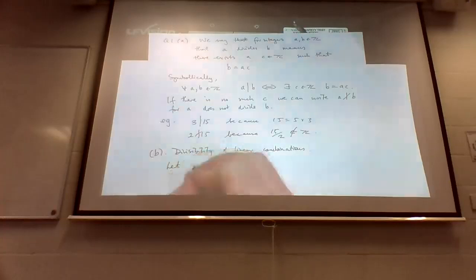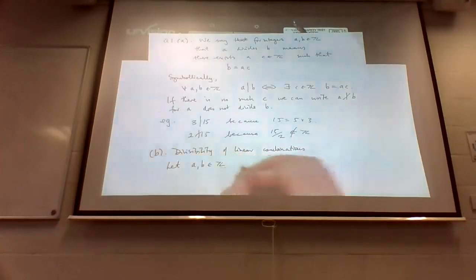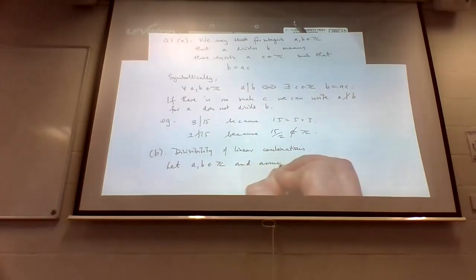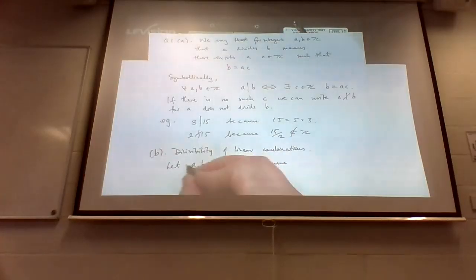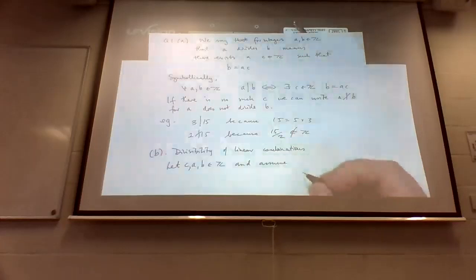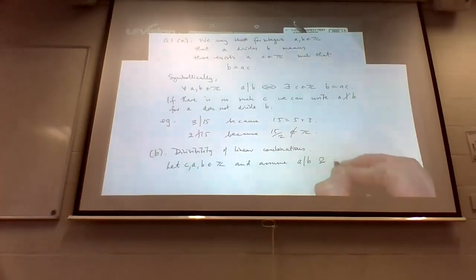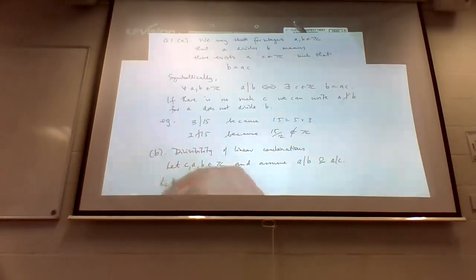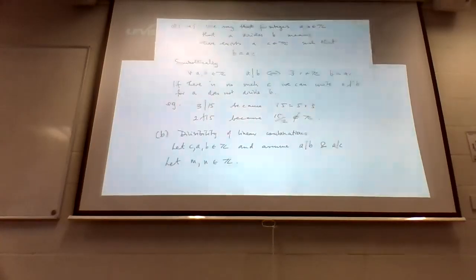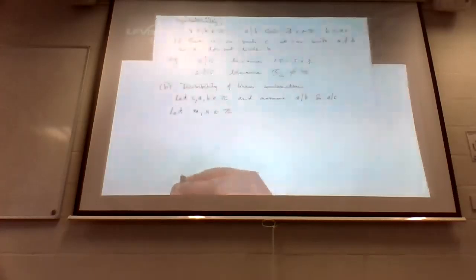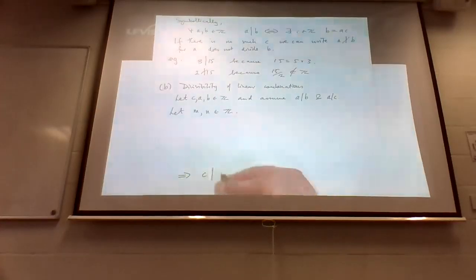So we let A, B, C be integers, and we're assuming A divides B and A divides C. Let M and N be integers, and we want to reach the conclusion that A divides MB plus NC.